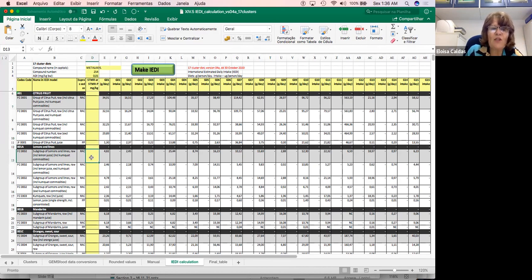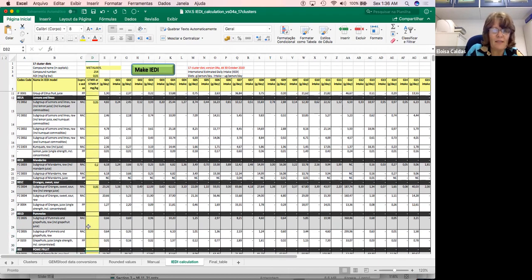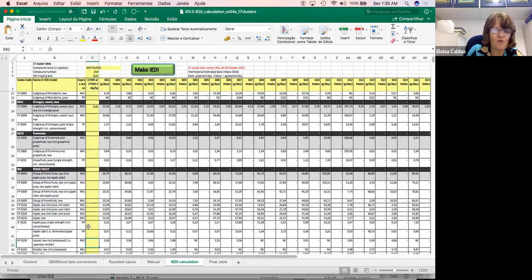Let's say we did not have enough data to make a recommendation for the whole citrus fruit group. So we made a recommendation for the subgroup of lemons and limes, and then another recommendation for mandarins. We made a different recommendation for the subgroup of orange. And then all you have to do is go on, and that's enough for the citrus group.